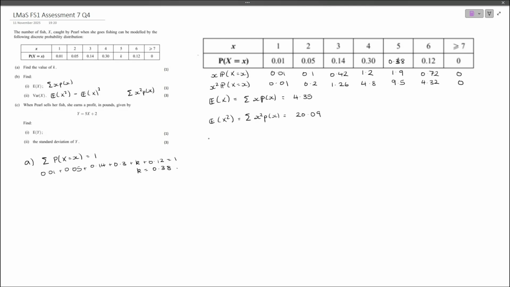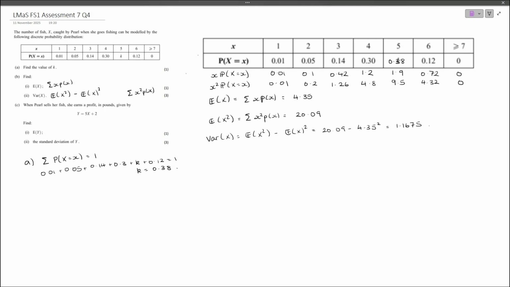And so subsequently the variance of X is equal to the expectation of X squared, subtract the expectation of X, squared, which is equal to 20.09, subtract 4.35 squared, which is equal to 1.1675.